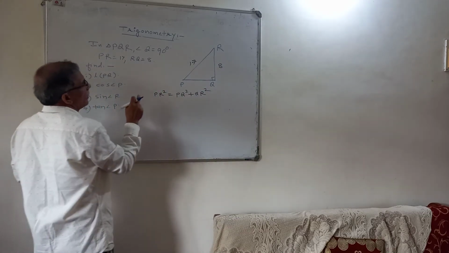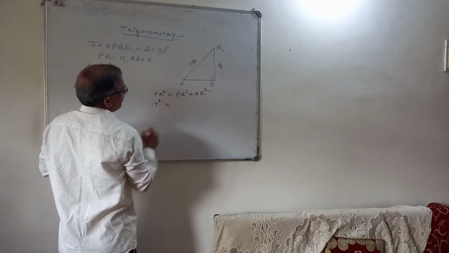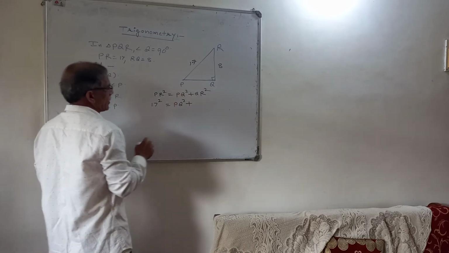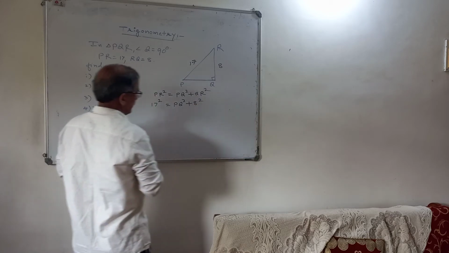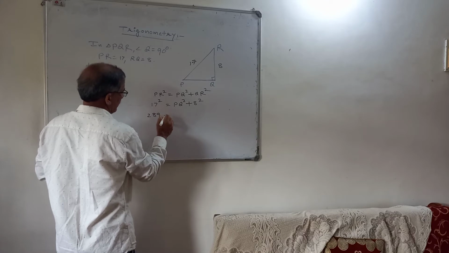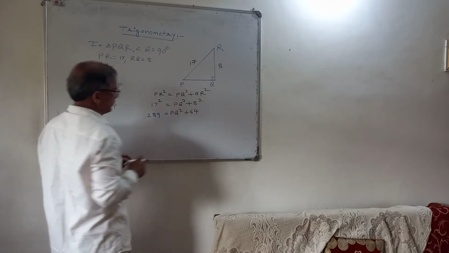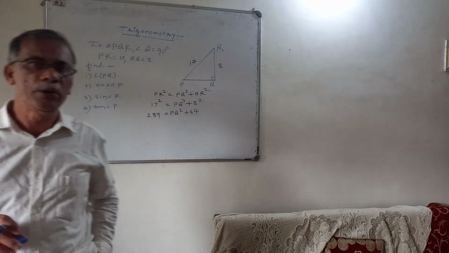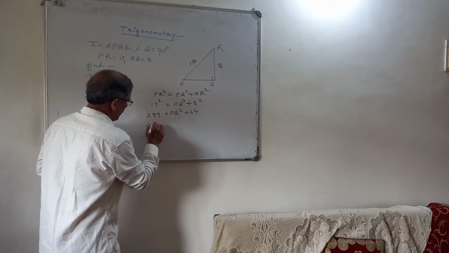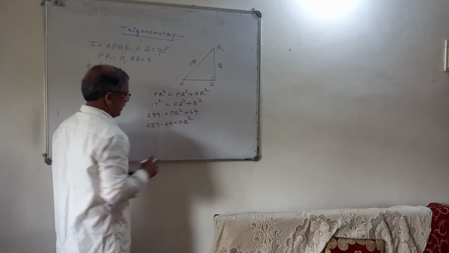Now substitution. PR square, we know PR, so here 17 square will become. PQ square, we don't know. PQ square plus QR square, that is 8 square. So 17 square is 289 is equal to PQ square plus 64. Now we are finding PQ square. So this number will go to this side, means 289 minus 64 should be equal to PQ square.